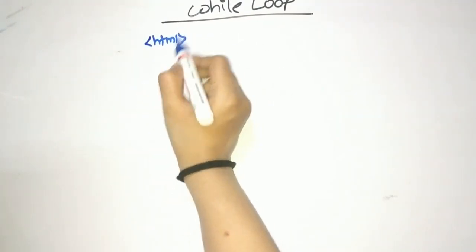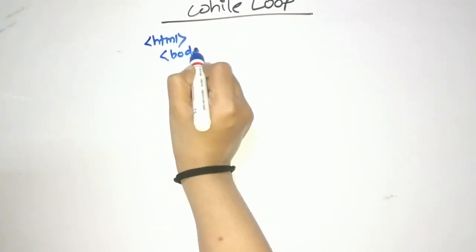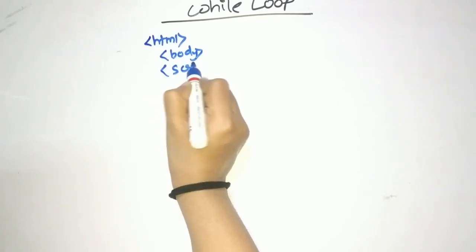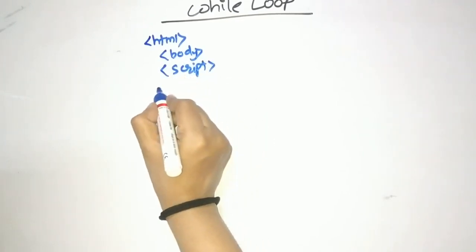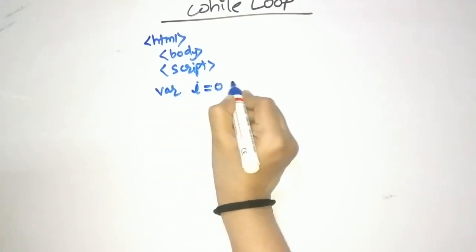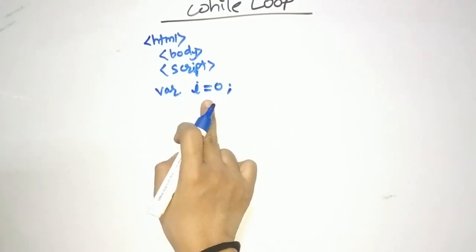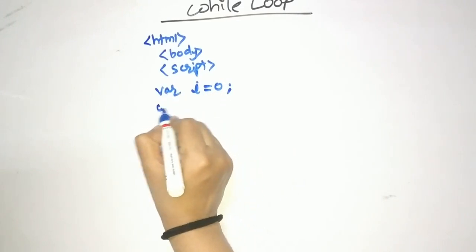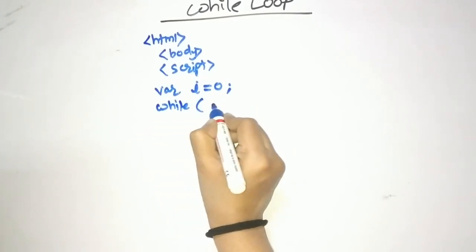So now friends, let's see one more example of a while loop. HTML, a body tag, then a script tag. Now I am going to initialize my variable I as 0, which is the variable's initial value. Then we write the while loop: while I is less than 5.